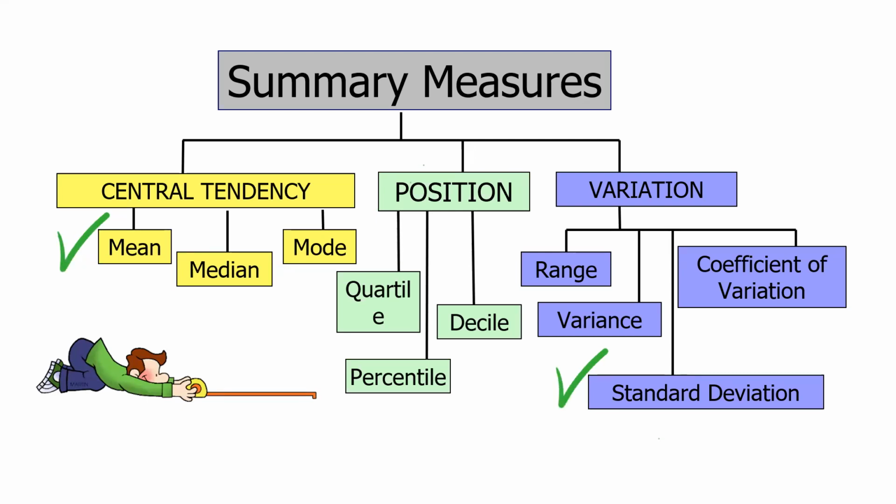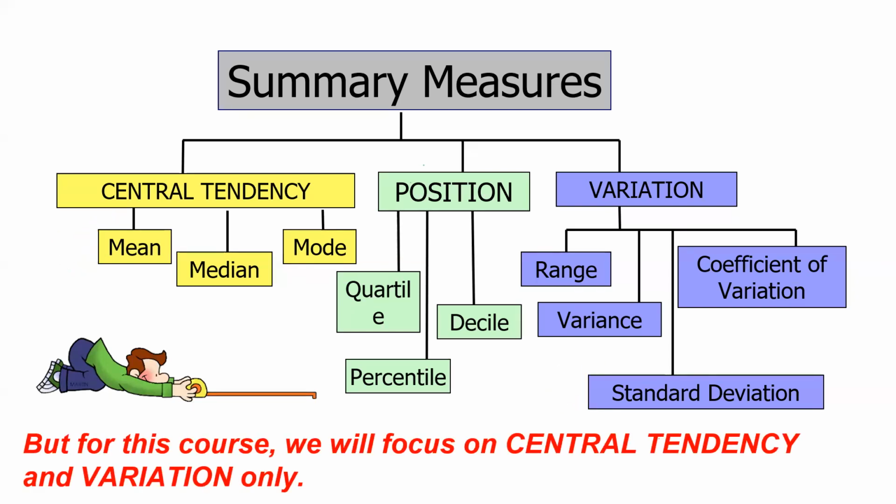We also have measures of variation or variability, and I think I gave a quick introduction of this yesterday. For variation, we have range, variance, coefficient of variation, and standard deviation. But for this course, we will focus only on measures of central tendency and variability because normally we don't use the measures of position in our thesis.